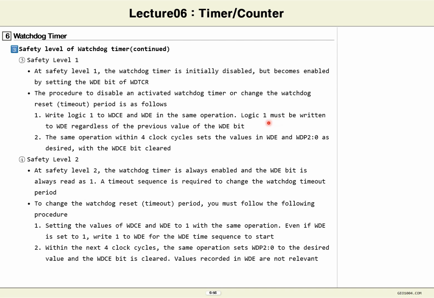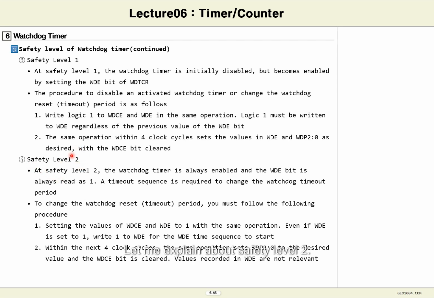A logic 1 must be written regardless of what the previous value of the watchdog enable bit was. Next, within the next 4 clock cycles, in the same operation, write the desired value to bits 2, 1, and 0 of the watchdog prescaler, and the watchdog change enable bit will be cleared. Safety level 1 must be handled through procedures 1 and 2.